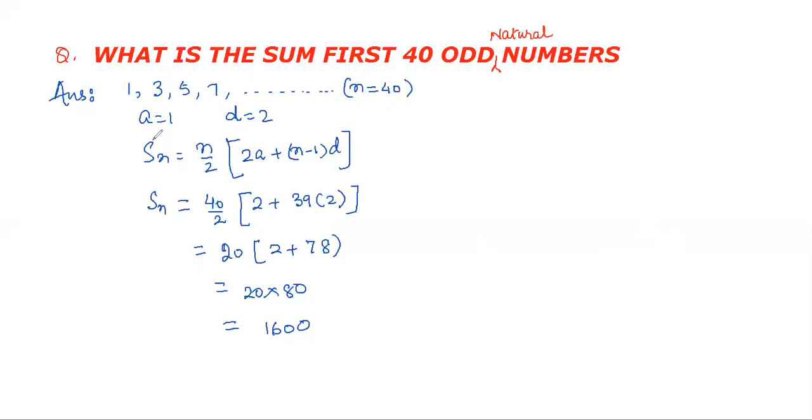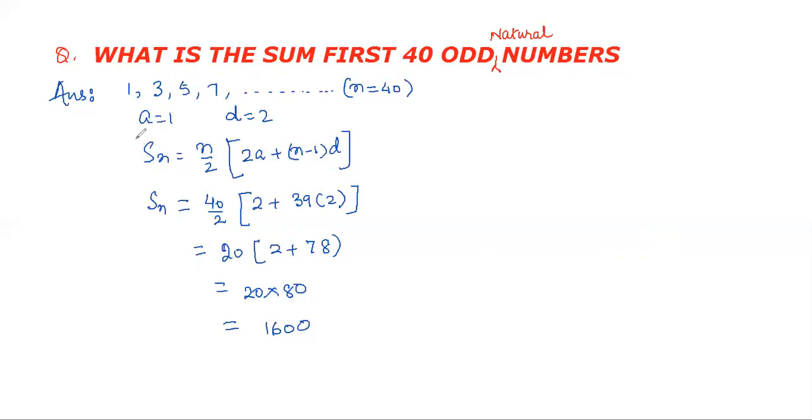So children, your sequence will start from 1, 3, 5, 7, and so on up to the nth term. 40 odd terms means when you count these numbers, you don't know the last term, but you know they are 40 in number. You want to find the sum of the first 40 odd natural numbers. You don't know the last number, but you know that there are 40 in total.